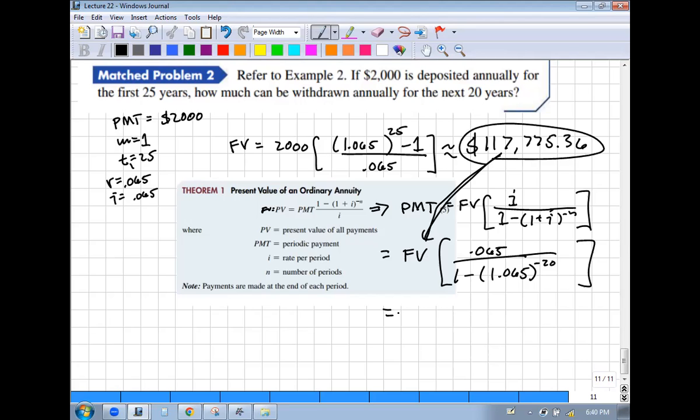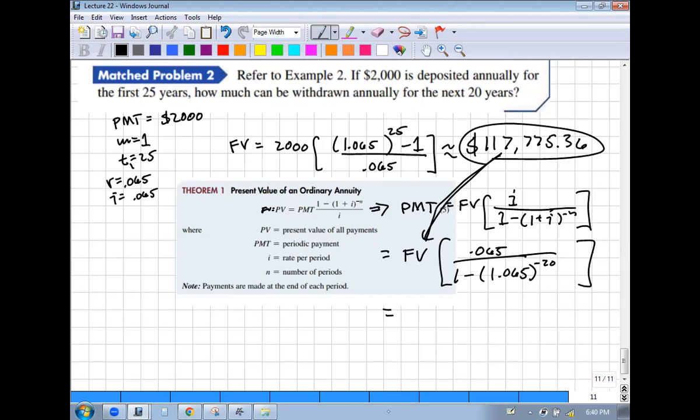So we would have 117,775.36 times 0.065 divided by 1 minus 1.065 to the negative 20th power.